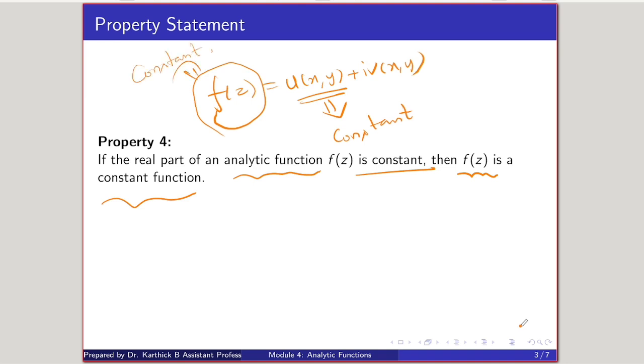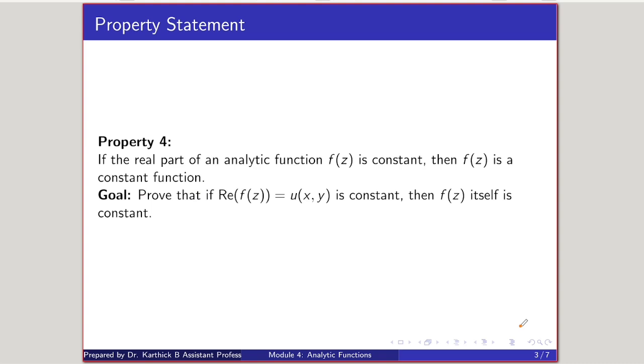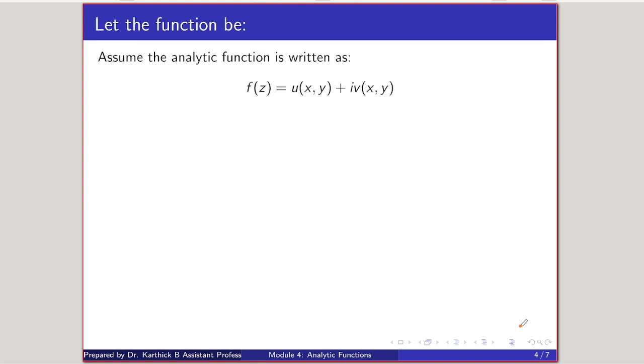First of all, we want to prove that if the real part is constant, then f of z is constant. First, we take the function f of z. Then I am assuming that the real part u of x comma y is constant, that is u of x comma y is equal to c.